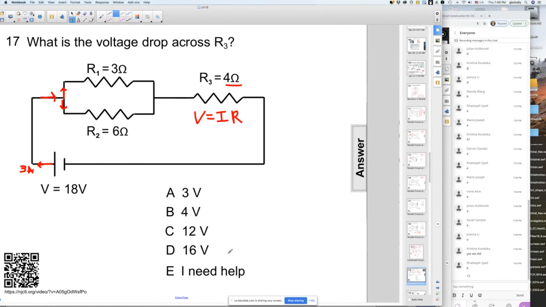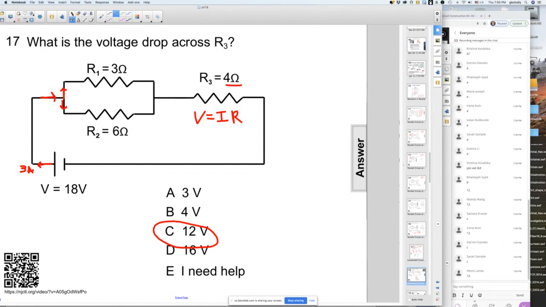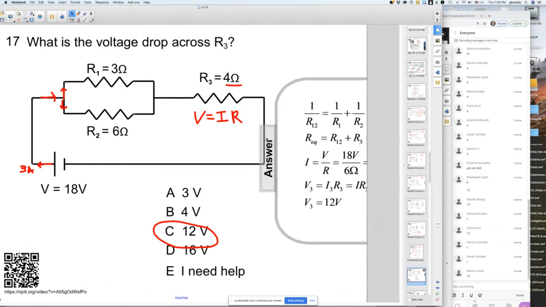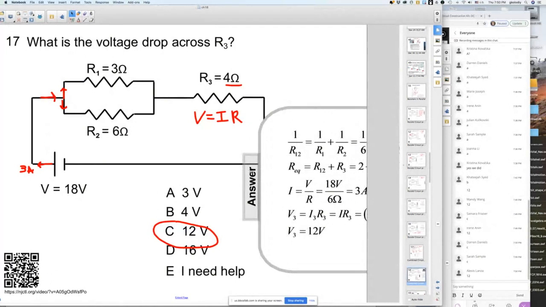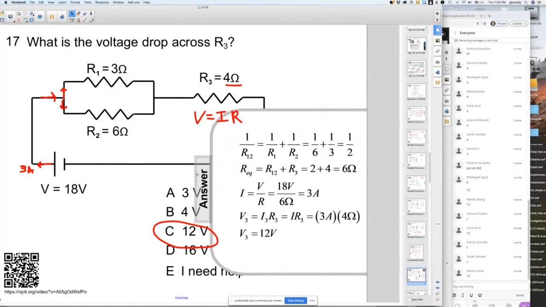Three times 4, 12. Okay, so you can see over here, calculation, using the 3 amps from the previous problem.